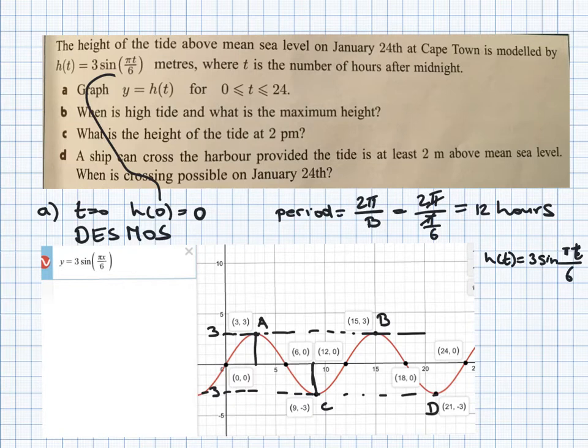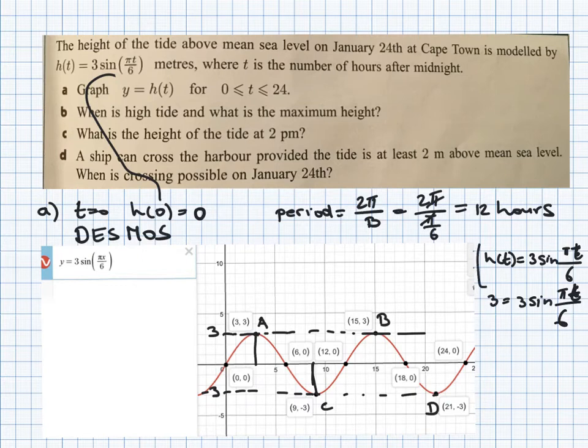What we're looking for is the time when the maximum is reached, and we know the maximum is equal to 3, so that will be 3 equal to 3 sine pi t over 6. This can be solved algebraically, or it can be solved using a graphics calculator.